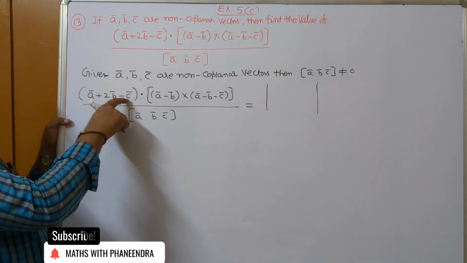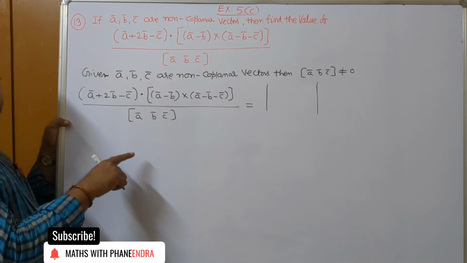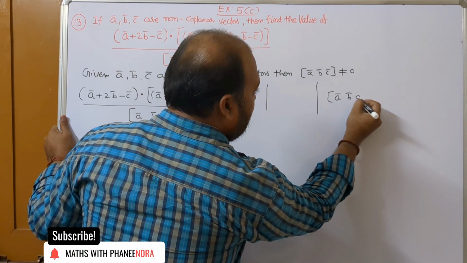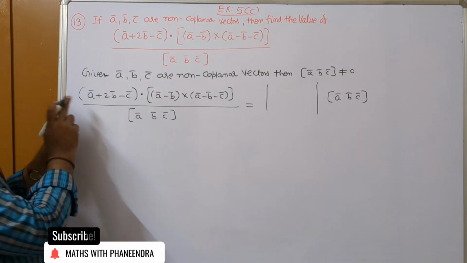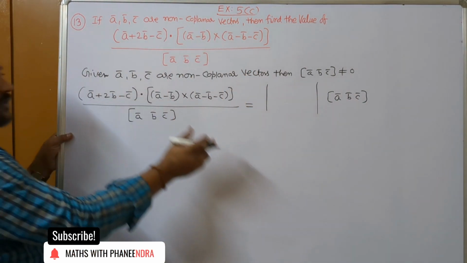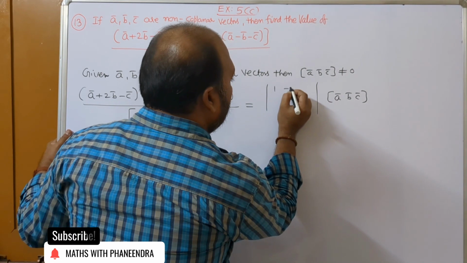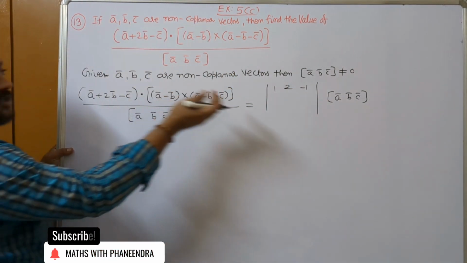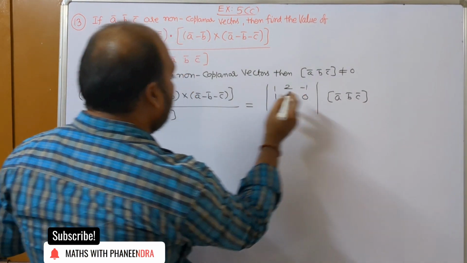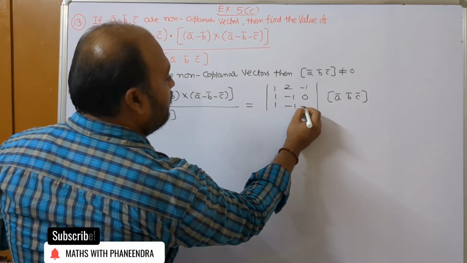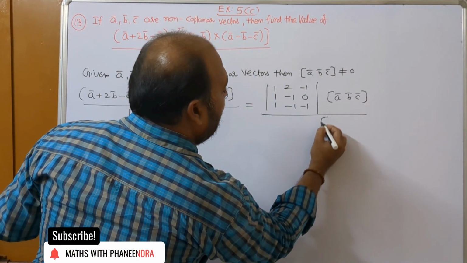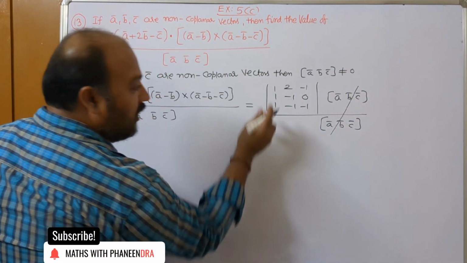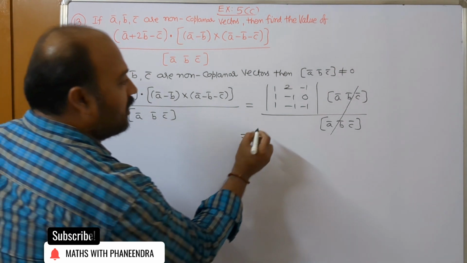Write the A bar, B bar, C bar components and take out box of ABC. So in the first vector, the A bar, B bar, C bar coefficients are 1, 2, minus 1. In the second vector, 1, minus 1, 0. In the third vector, 1, minus 1, minus 1. Whole divided by box of A bar, B bar, C bar. You can cancel them. Only you need to find the determinant.